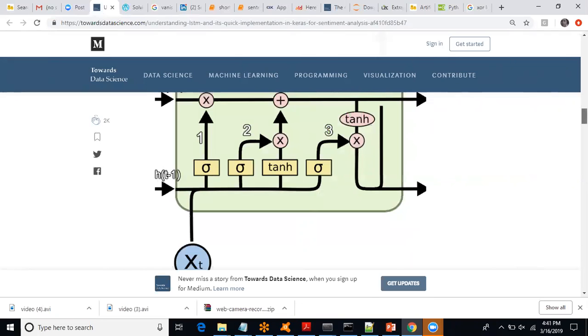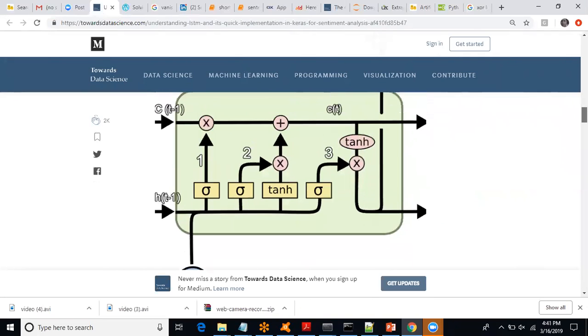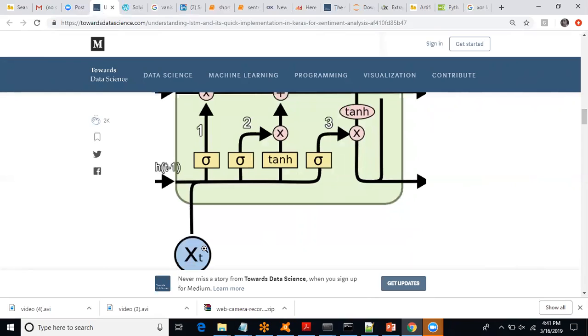Sigmoid is used to understand, based on the information, which information has to be carried forward. Sigmoid works on 0 and 1, right? 0 and 1. So it is a replacement of a gate. The gate is like open or close.